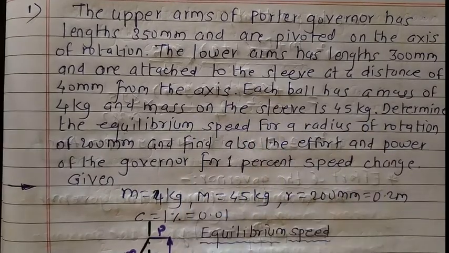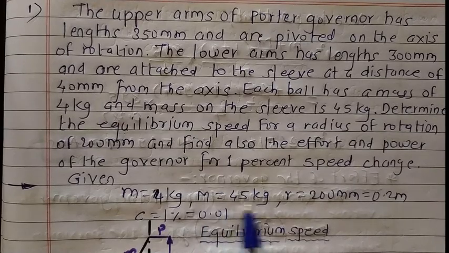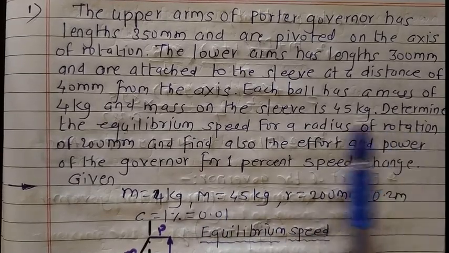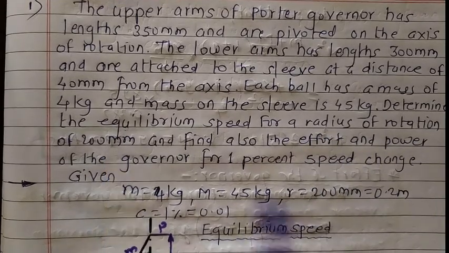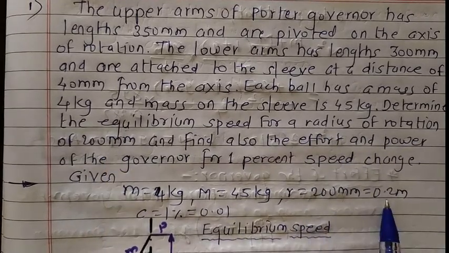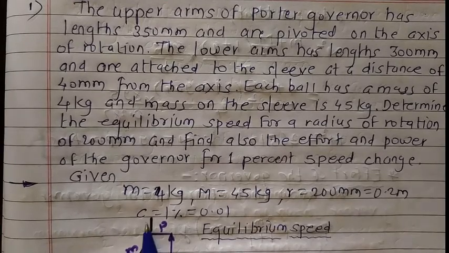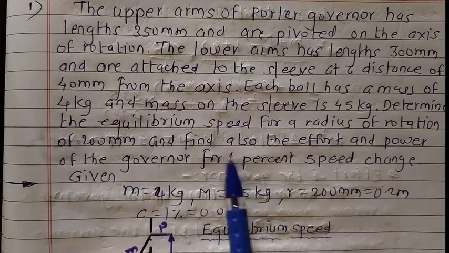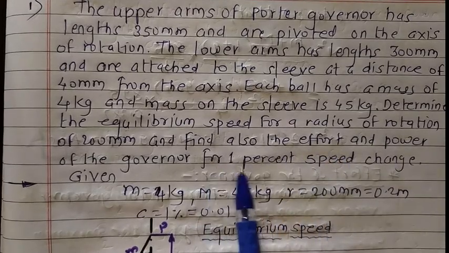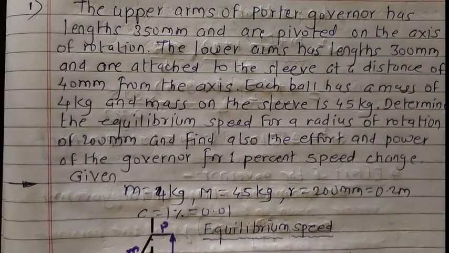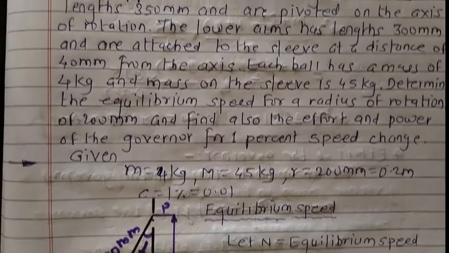So small m is 4 kg, capital M is 45 kg, and the radius of rotation is 200 mm. Just convert that into meters, you get 0.2 meter. Next, you have to find the power and effort of the governor for 1% speed change, so C is 1%, which is 0.01.